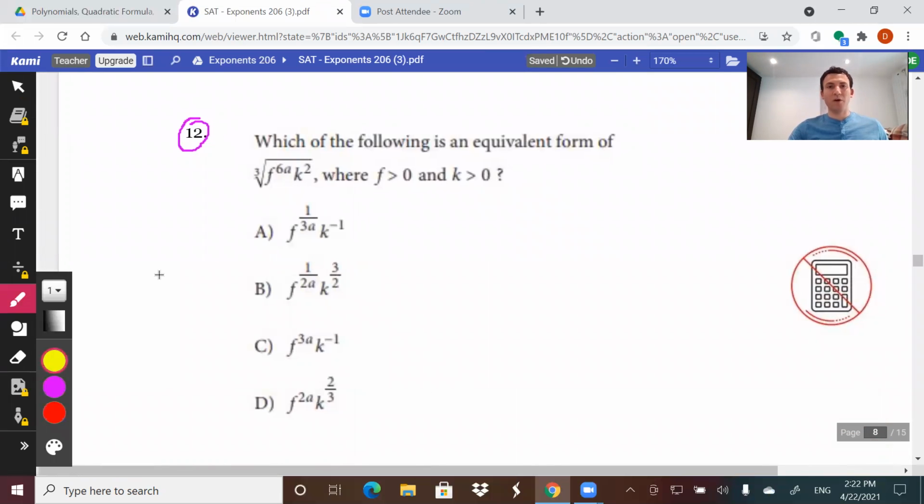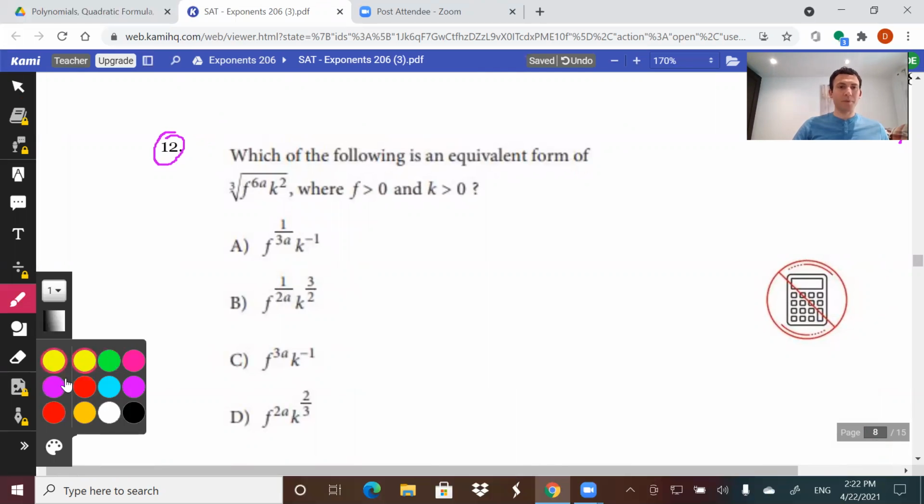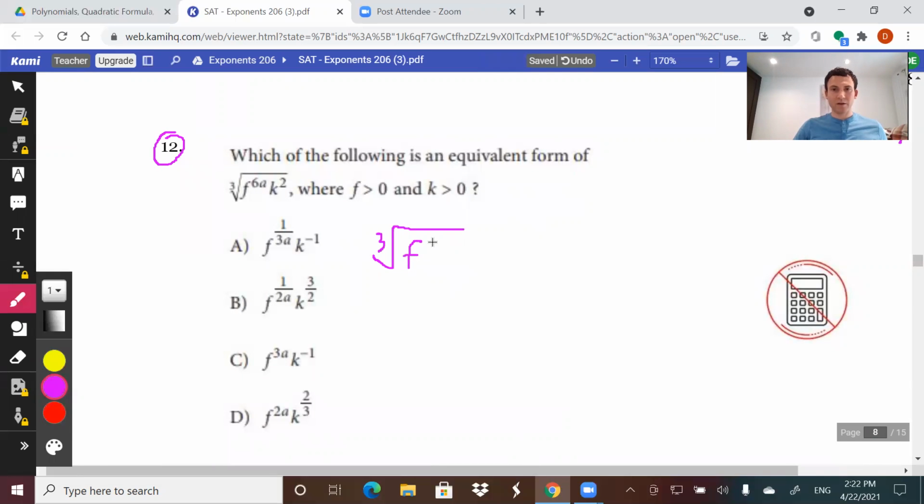Let's look at 12. 12 wants us to step our game up a little bit with toggling between radicals and fraction form. So these are all in fraction form. So let's do it. We'll split this up into cube root of f to the 6a times cube root of k squared.